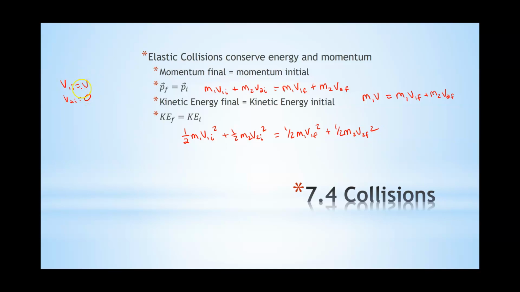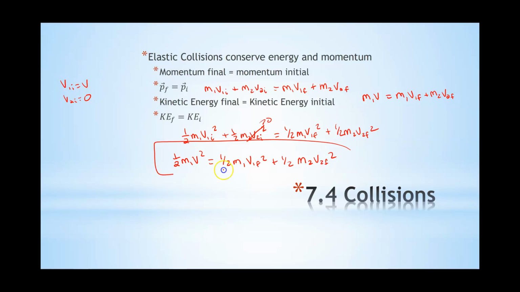We're still going to use the same premise of the fact that v1I is v and v2I is 0, so this term goes away. All right, and this term turns into a v. So I have the 1/2 m1 v squared is equal to 1/2 m1 v1f squared plus 1/2 m2 v2f squared.